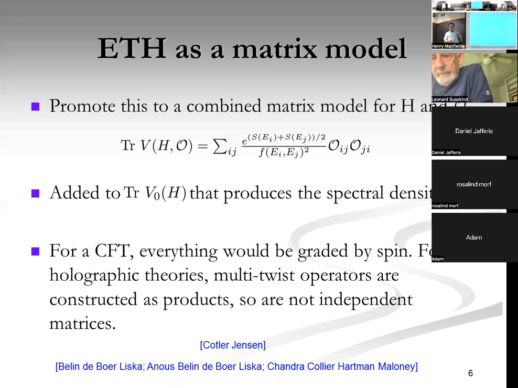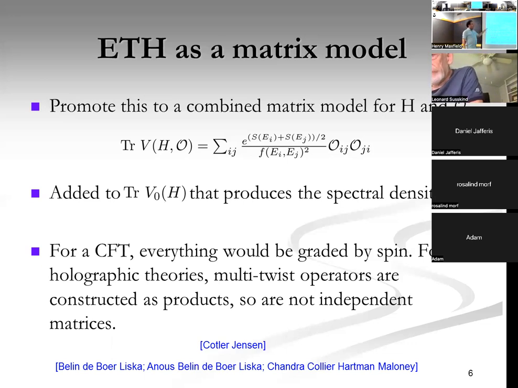So for each spin, I will have the dilatation operator in that spin sector as a random matrix. That will be my H graded by spin. And then the operator O will have matrix elements between every microstate and every other microstate, each labeled by spin and other energy label. And so we just get some big graded matrices.